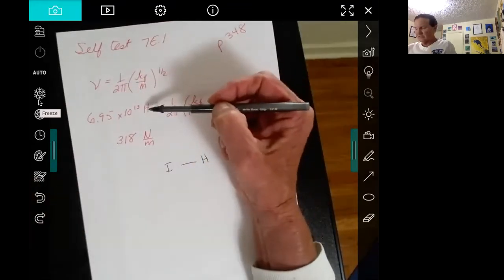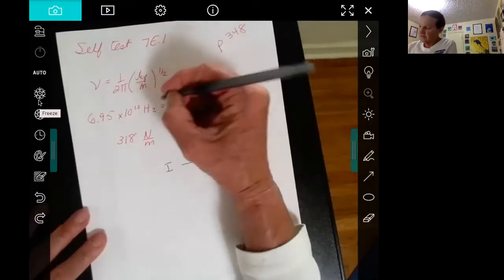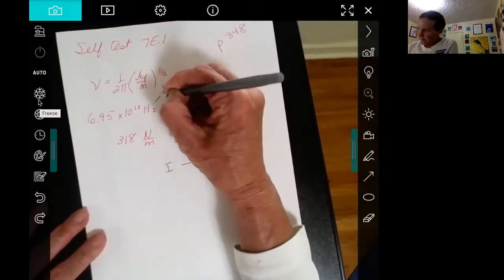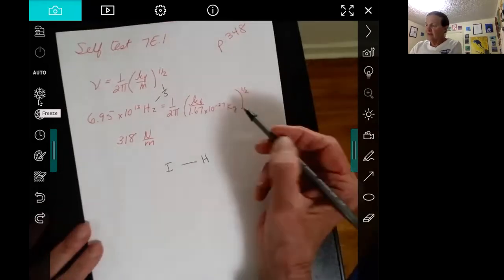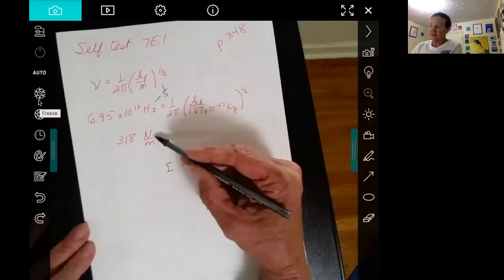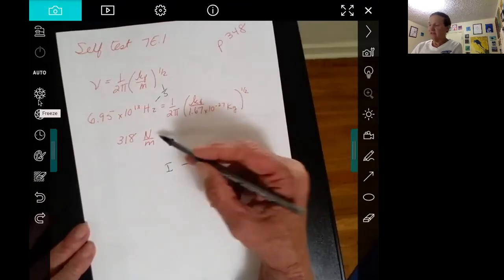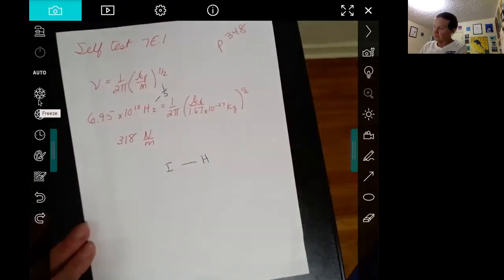So we put the frequency in hertz, which is, as you may remember, equal to 1/seconds. And I'm just gonna make sure that I use all SI units. And then I'll know that my force constant comes out in newtons per meter because that's the SI unit of force.